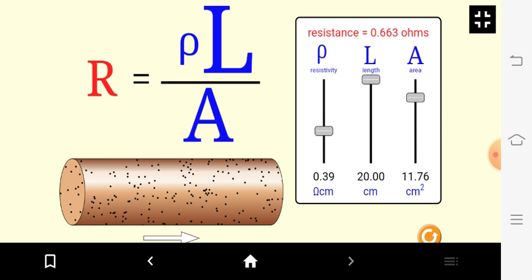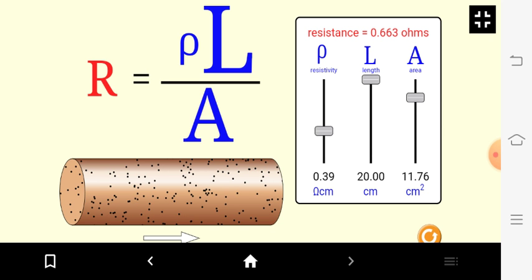Length is more, it means the number of atoms will be more, and there will be more collisions of electrons with the atoms. So resistance is more. Once we know what resistance is, we can easily understand this. Because there are more atoms, the path is quite long, so resistance will be more.